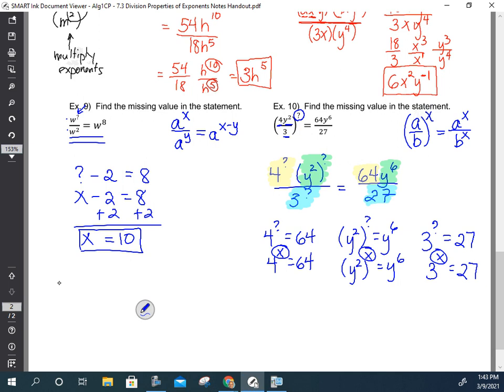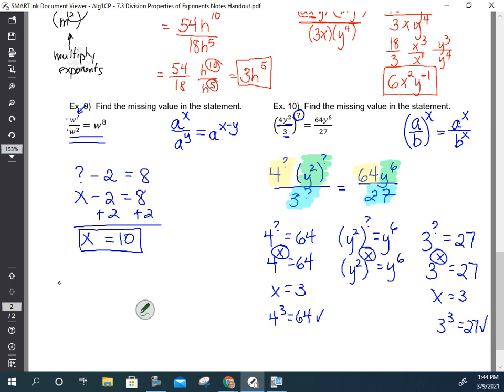Either way it goes, x equals 3, because 4 to the 3rd power is 64. 3 to the 3rd power is 27. You just have to make sure it works for the middle.